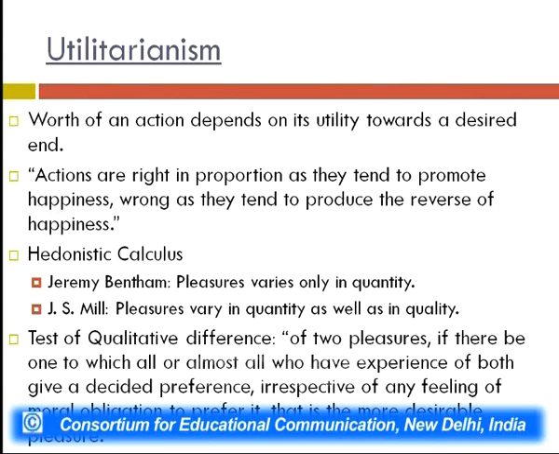So what J.S. Mill says is that all human beings have a desire for happiness. Since happiness is desired, it has a value of its own because we desire it.